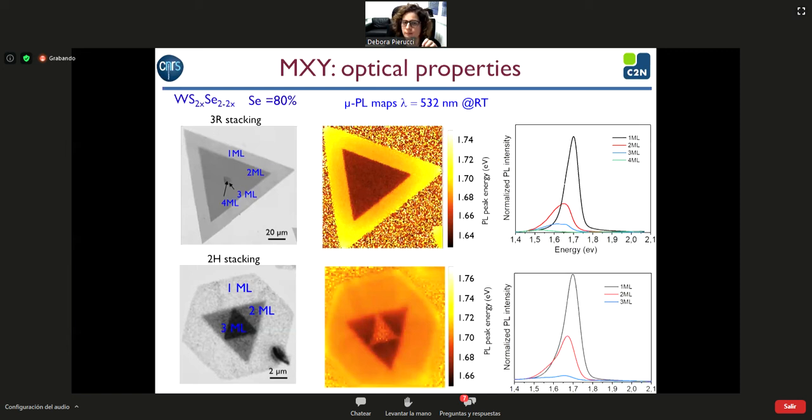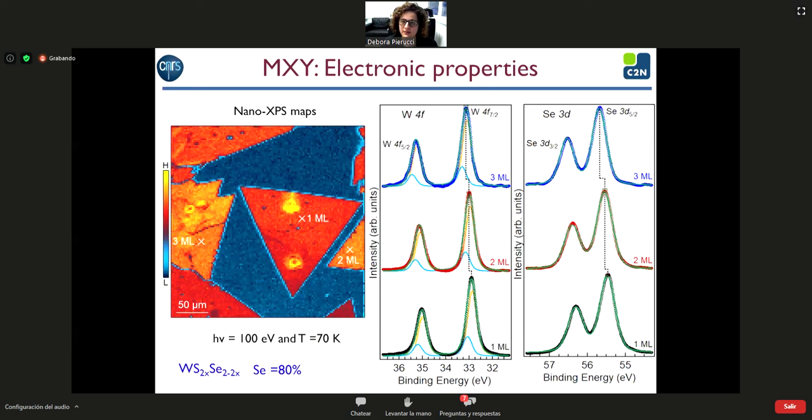The intensity of the PL of the 2 monolayers is really high with respect to the normal, standard TMD materials.